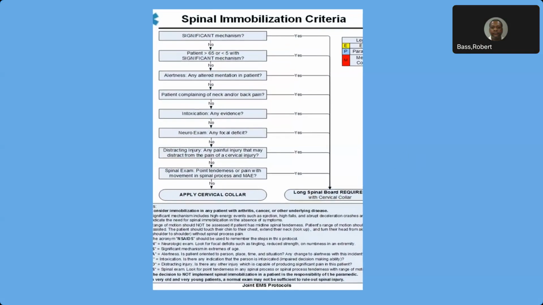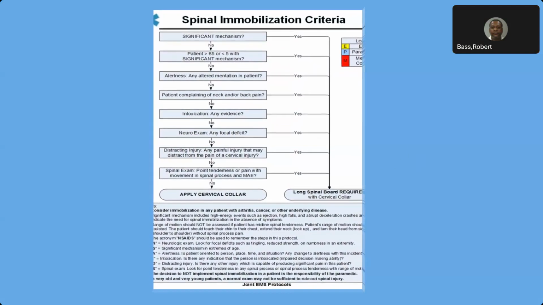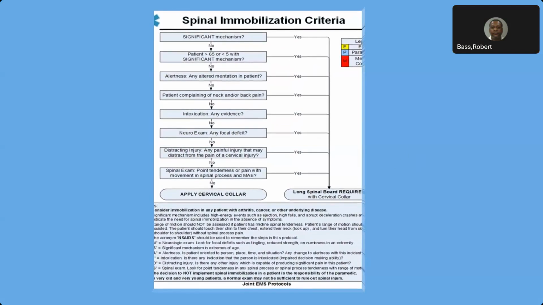Another thing that we have to think about here, we have to ask ourselves, does this patient meet the criteria to be spinal immobilized? Now, it was a stabbing, and 9 times out of 10, this patient does not. This is one patient you don't have to spinal immobilize, but it will be easier to move this patient.